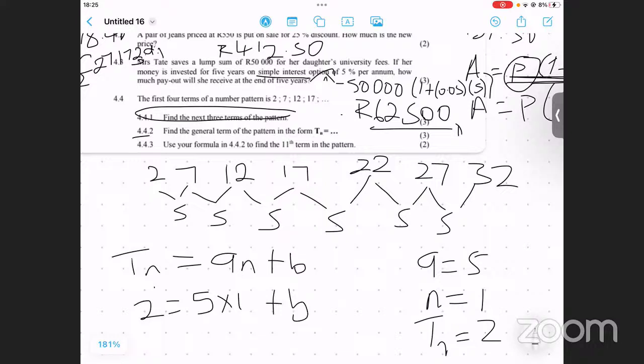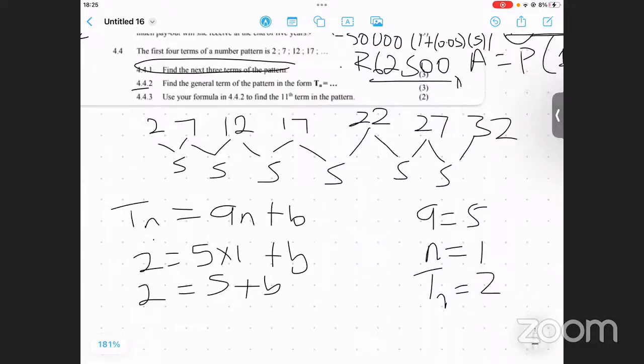Yes, ma'am. Then we're going to do 5 times 1, which gives us 5 plus b. So it's going to be 2 is equal to 5 plus b. We move that 5 to the 2, so 2 minus 5 is equal to b, which then gives us minus 3 is equal to b.